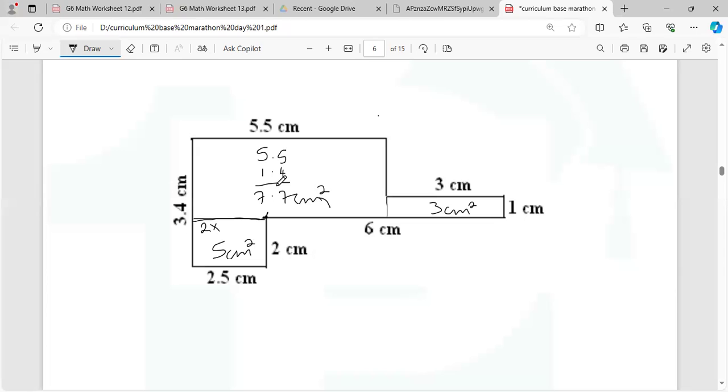And then you add 3 centimeters squared, 5 centimeters squared, and 7.7 centimeters squared to get your answer, which will be 15.7 centimeters squared.